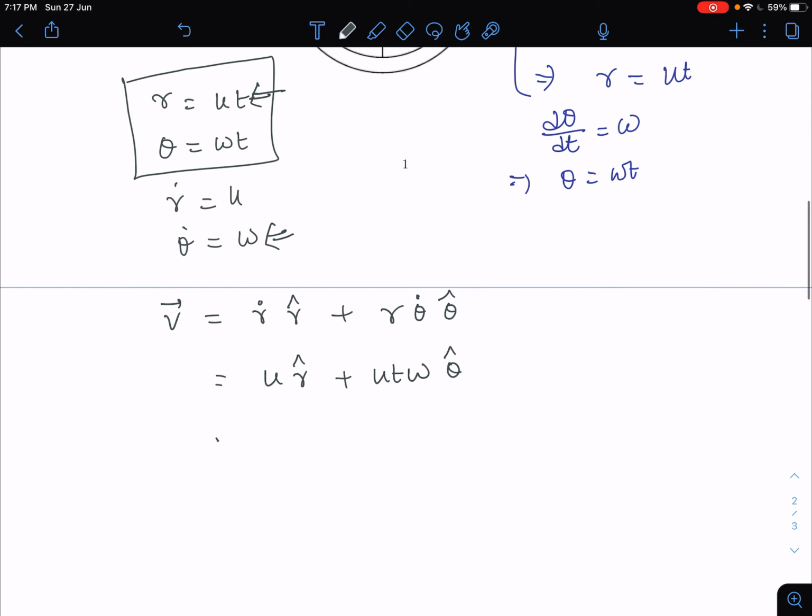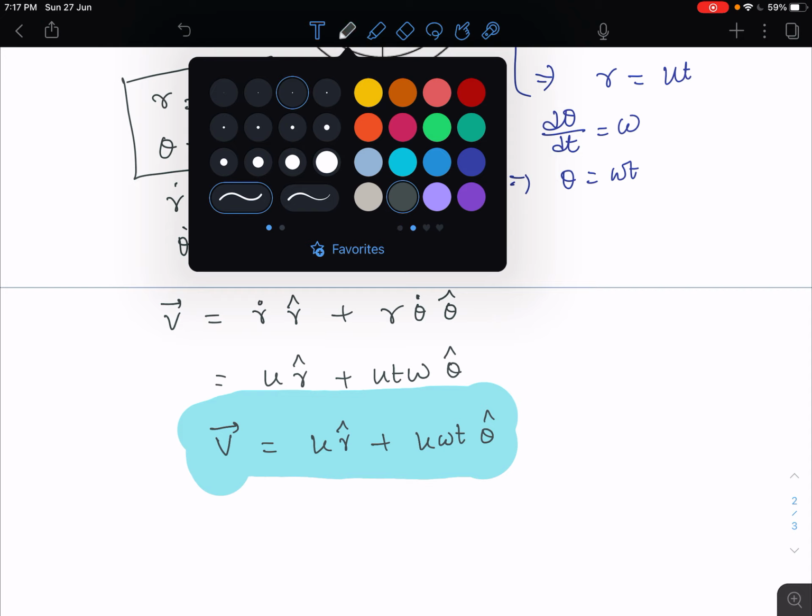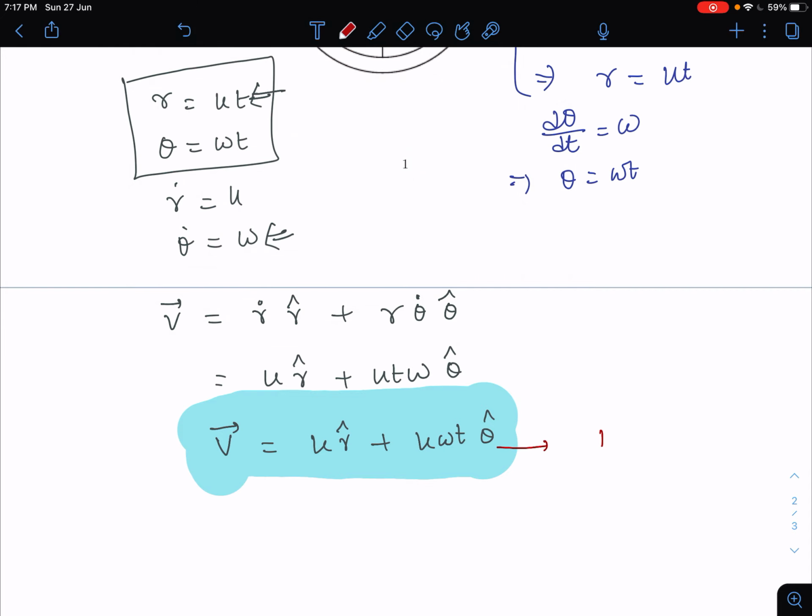So our velocity v is just u r cap plus u omega t theta cap. So this is the expression for velocity, and this is our answer to part 1a.